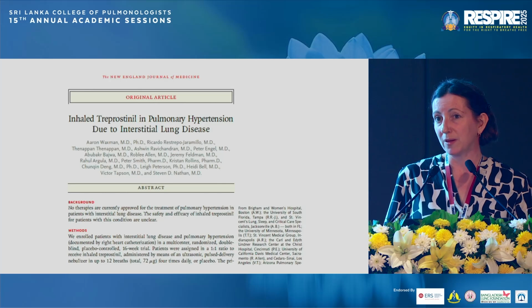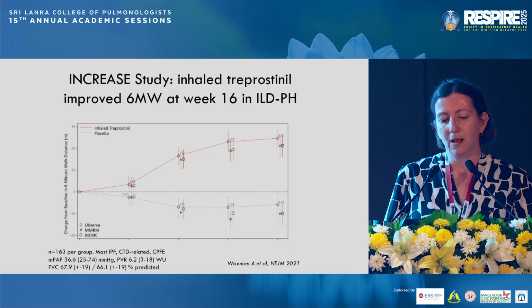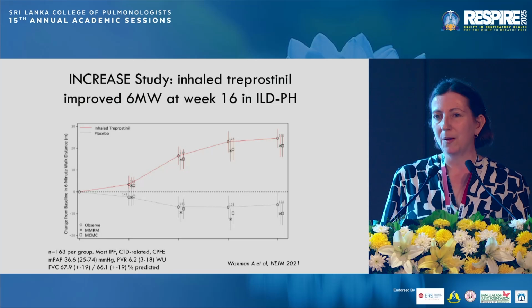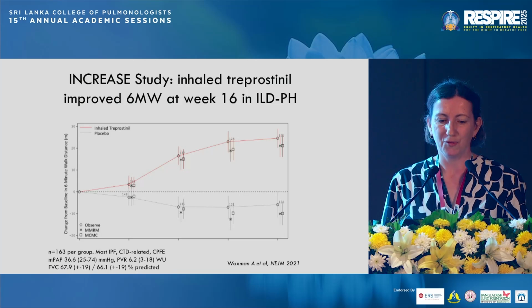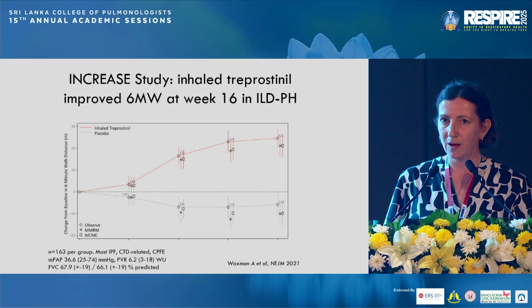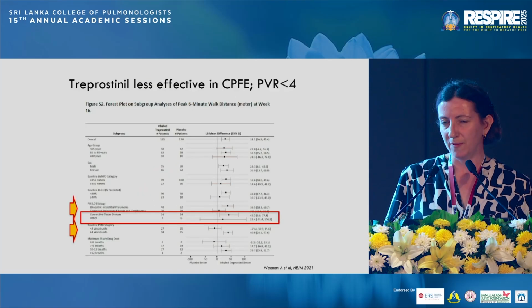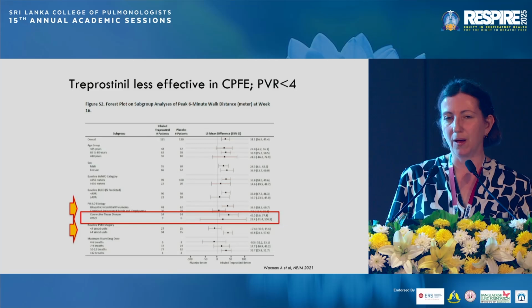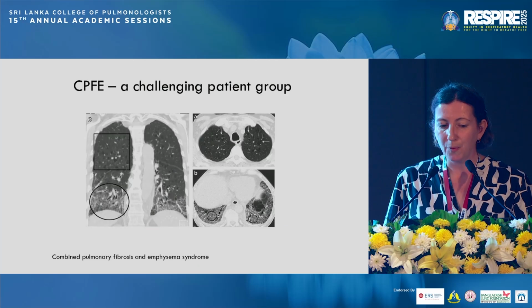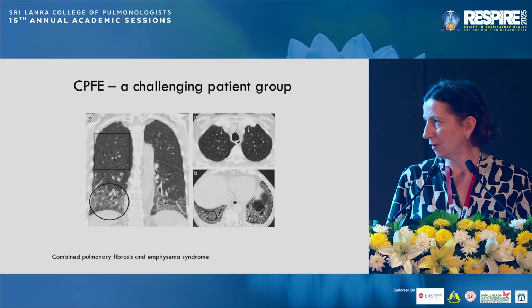And the big news is this new treatment, inhaled treprostinil, in a very important multi-center study. It's not available here, and coming in the UK, but not yet at least. This showed an amazing, almost unbelievable walk distance improvement of 31 meters at 16 weeks in patients with right heart catheter confirmed pulmonary hypertension. It was not so effective in patients with combined pulmonary emphysema fibrosis syndrome, which I imagine is common here.